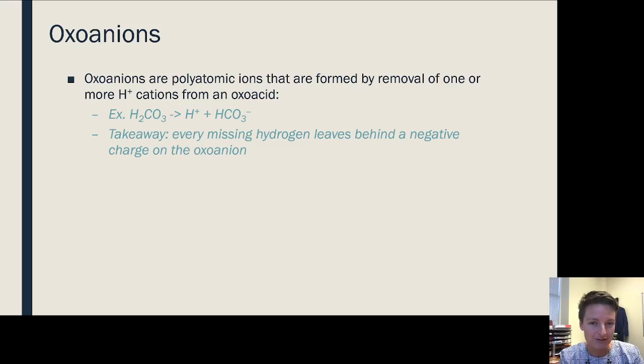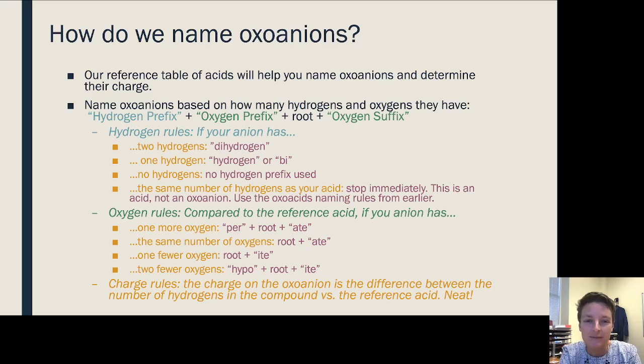And that's going to be important in just a moment because it's going to help us figure out both the formulas for these oxoanions and what their names should be. So naming oxoanions is something that's going to take a little bit of practice, but it follows a very systematic set of rules. And once again, our reference table of oxoacids is going to help us name these oxoanions, and it's going to help us determine their charge.